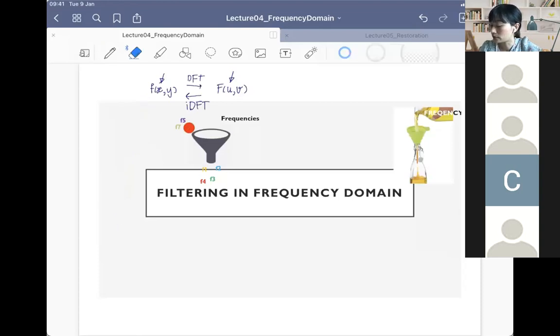What you've seen from the image is that they are complex numbers. After you transform them, they are all complex.